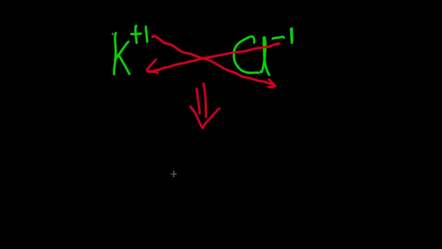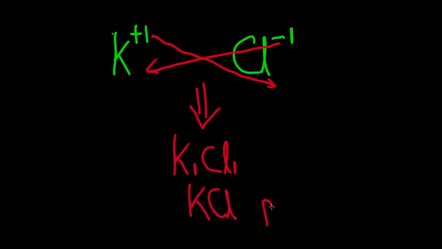And so now what we have is K with a subscript of 1 and Cl with a subscript of 1. And we're no longer worried about positives or negatives. It's just going to be whatever the number is. And since both of those are 1, we can further reduce this down to KCl, which is the same as before, potassium chloride.